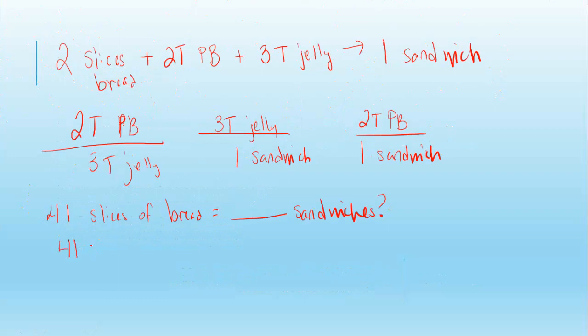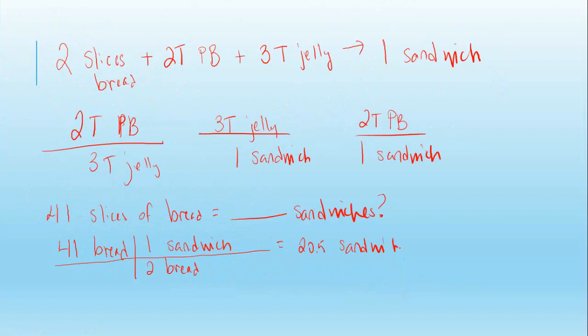We could do 41 slices of bread, and then we know that it's a ratio of 2 pieces of bread for every 1 sandwich, and that would give us an answer. Now, of course, this will not make a complete sandwich. This would make 20 and a half sandwiches.